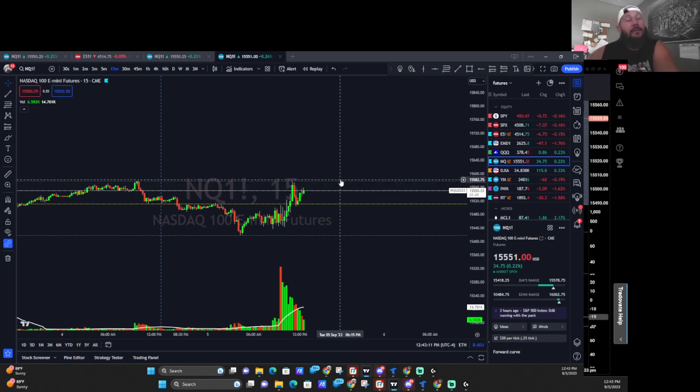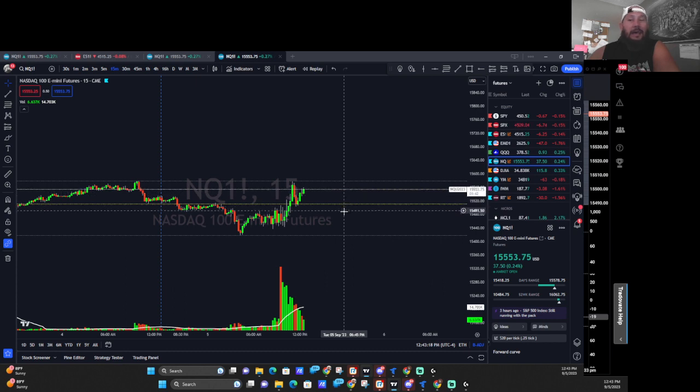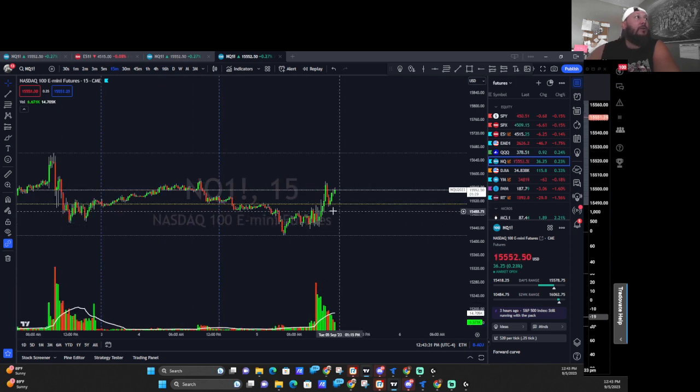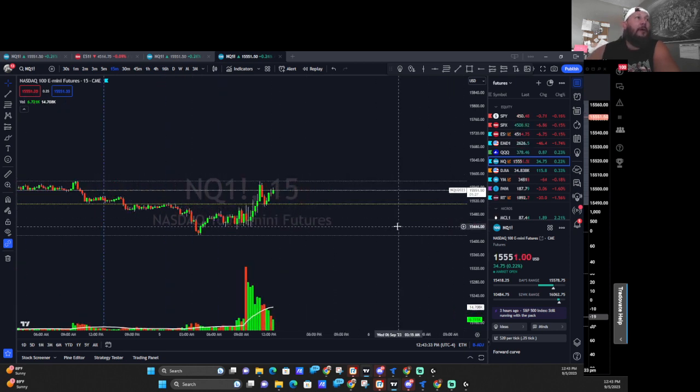I find that this has the most volatility and price action, which basically means it's going to move. And you want a stock, you want an option, you want a commodity, anything that you're trading, you want it to be moving. You don't want something that's stagnant. You want basically volatility. So we're looking at a 15-minute time frame, right?